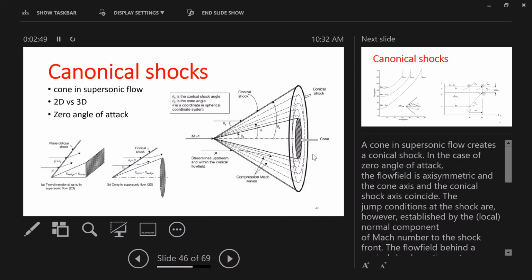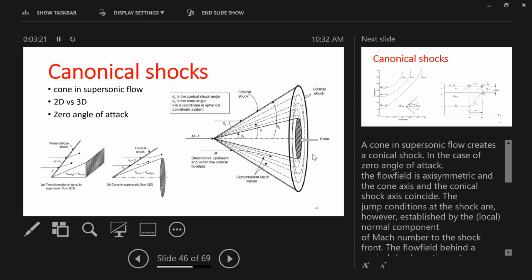First of all, the angle change is not going to be as drastic as a regular plane oblique shock wave. It's going to be a little more gradual, if you will. And the angle of this streamline is going to be different from the angle of this streamline. And as far as the streamlines and the visualization of the flow goes, this is the main difference.